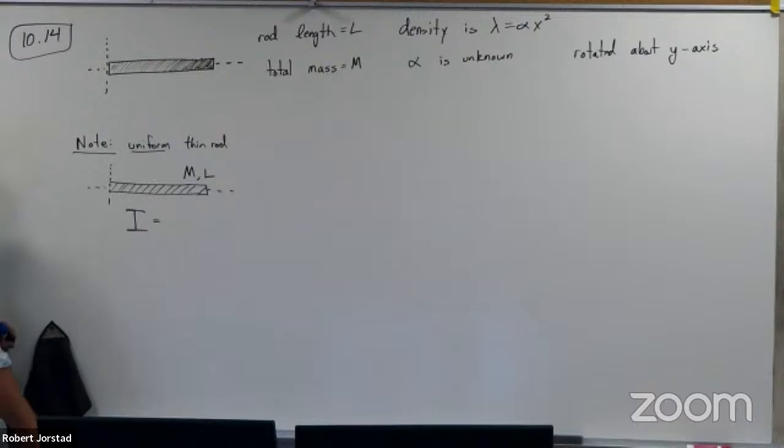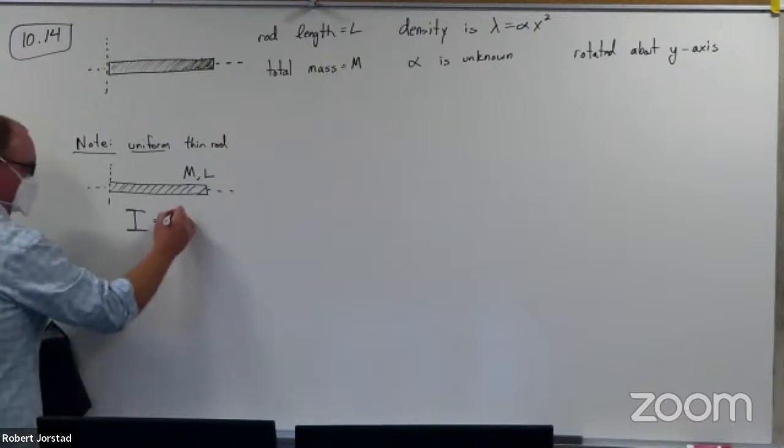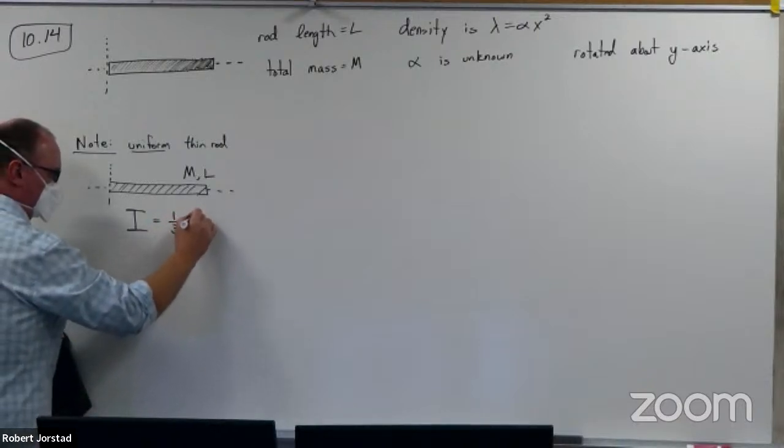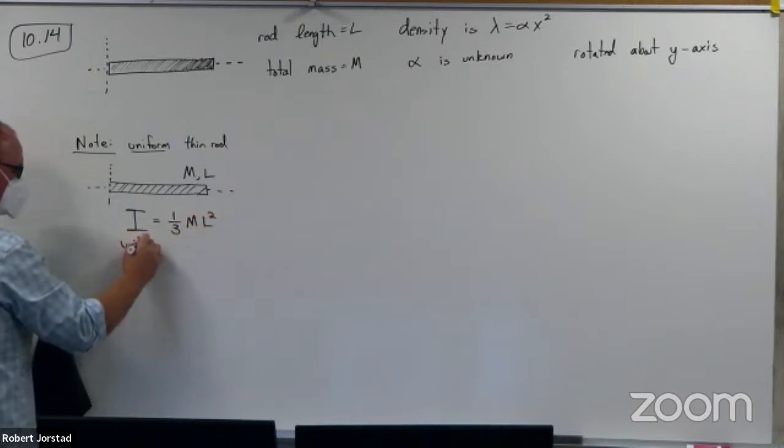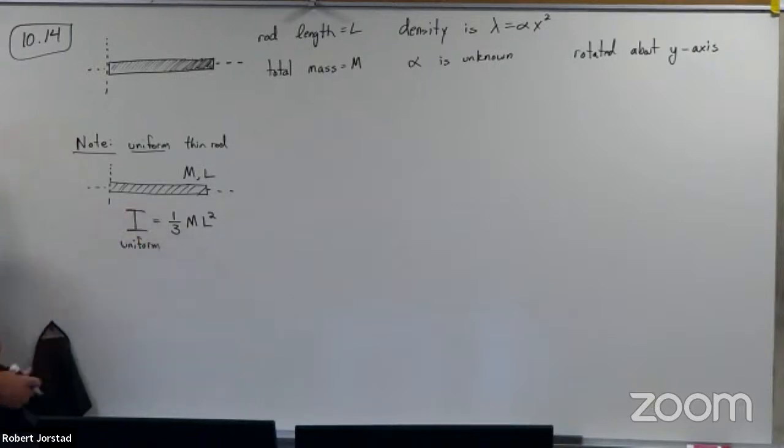One twelfth or one third? So if it was uniform, the answer would be 1/3. Do you expect our answer to be bigger than, less than, or equal to 1/3 m L squared?